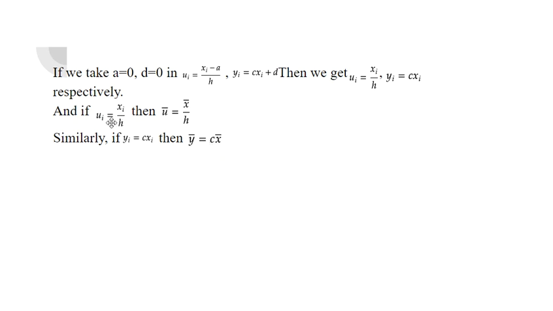Similarly, what is the meaning of if ui is equal to xi upon h, then u bar is equal to x bar upon h? If we divide the observations xi by the constant h, then the new mean will be the initial mean divided by that constant, that is h.